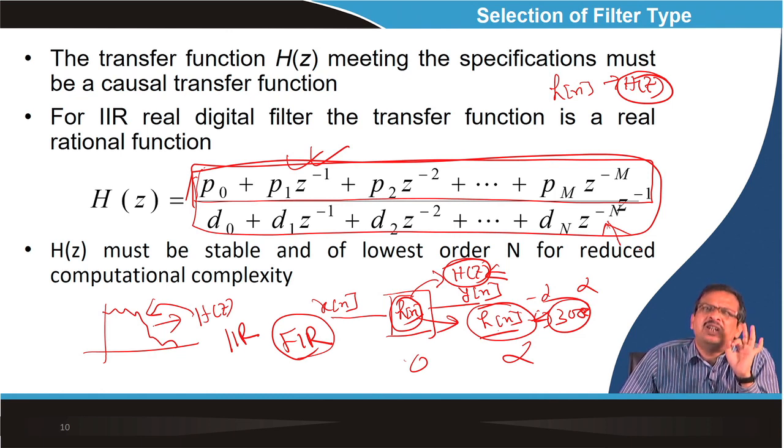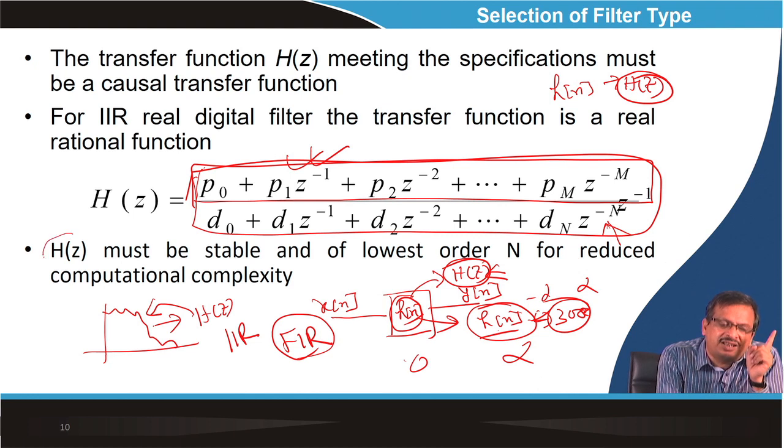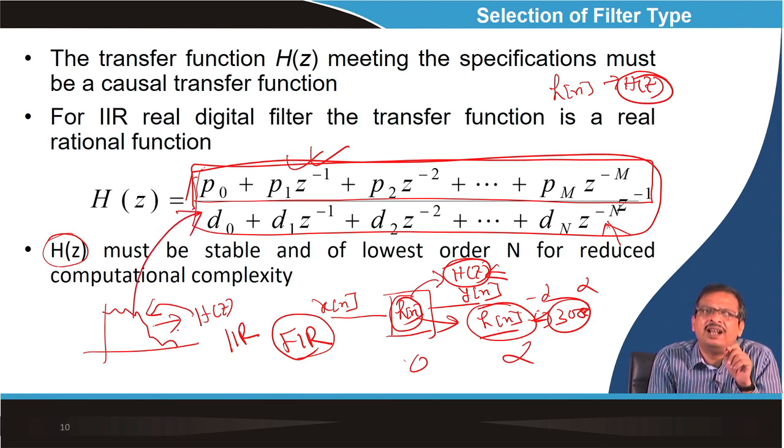If I am able to implement the transfer function directly in digital form, then I am implementing an IIR filter. But what is the condition? H(z) must be stable. So in the Z domain, I have to derive the transfer function from the given specification of the frequency response, and that transfer function must be stable.